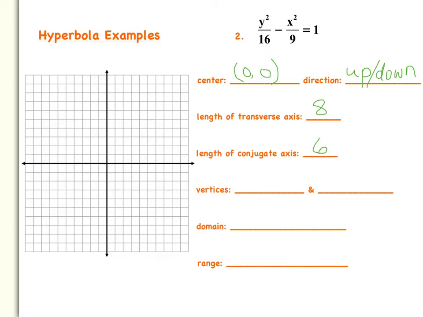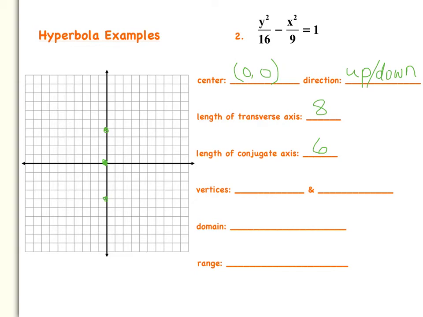At this point, we have enough information to sketch our graph, so let's go ahead and do so. We will start out with the center at 0, 0. And now for the length of my transverse axis, well, that will be 4 up and 4 down. So from the center, I'm going to go up 4. And then back from the center, I'll go down 4.